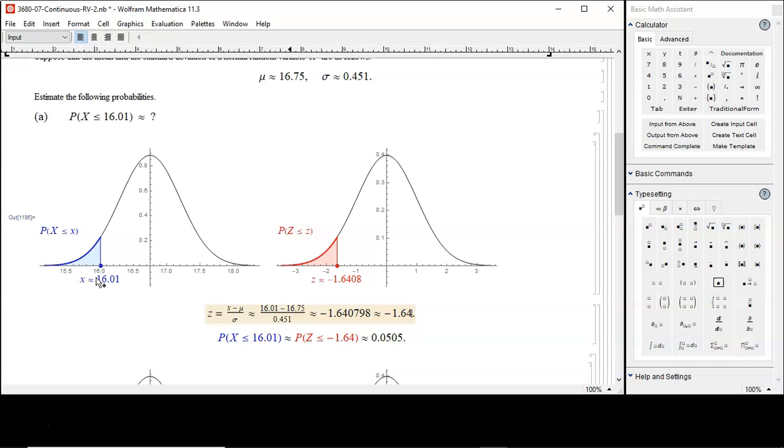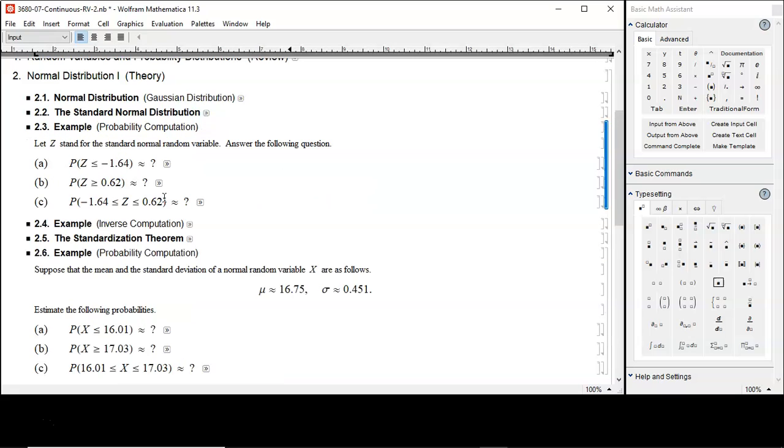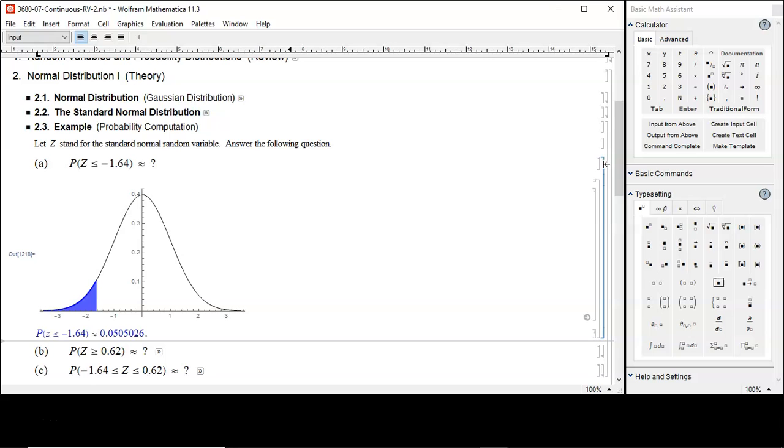And then 16.01 is here, we have appropriate shading. And that corresponds to z-score of negative 1.64. Look up the table, we already did. And that's a probability that comes from the z-table. This problem, by the way, corresponds to this problem here. Remember this one?